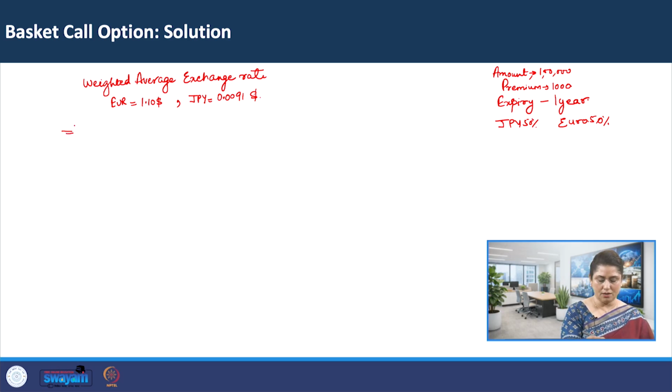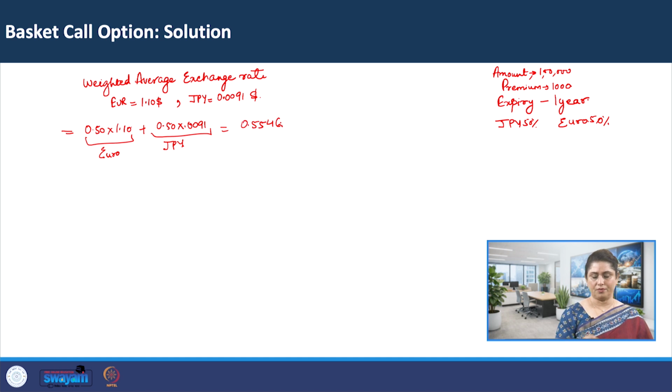This will be equal to the weight into 1.10 for the euro part plus 0.50 into 0.0091 for the Japanese yen part, and this will give us 0.5546.